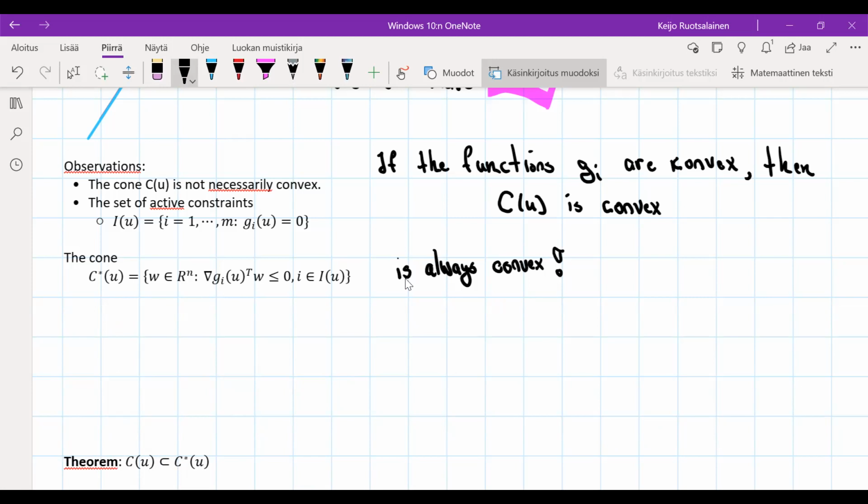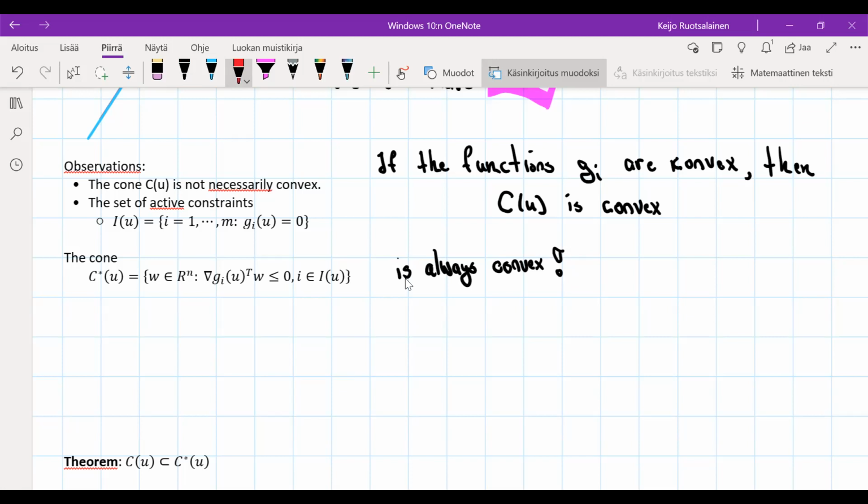For the non-convex case, it is not necessarily true. It is easy to see that we have non-convex problems where the cone of feasible directions is not the same as this C star. But anyway, let's take the convex case.